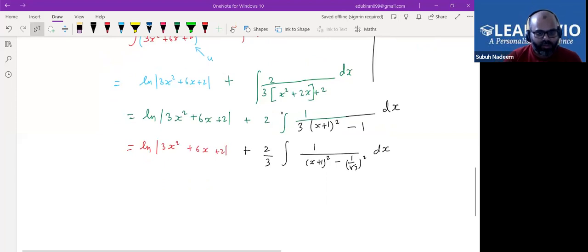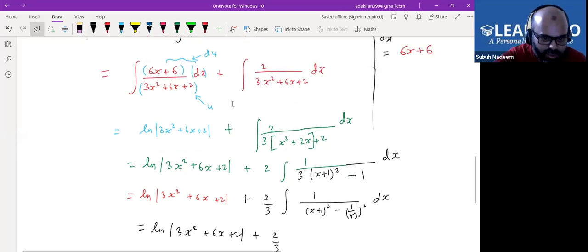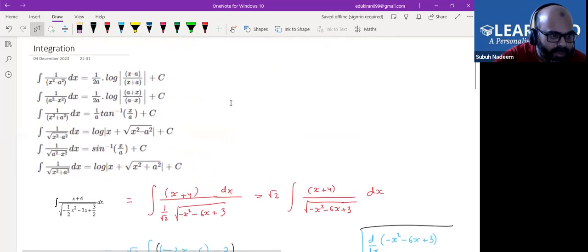Now it is log of mod of 3x square plus 6x plus 2 plus 2 by 3. Since you have taken 3 outside, you have to divide by 3 here, that is 1 by root 3 square. Now it is the x square minus a square identity, which means it is not x square plus a square, it is x square minus a square. So 1 by 2a log (x minus a) by (x plus a), this first identity.